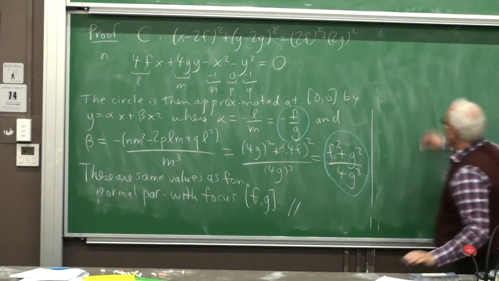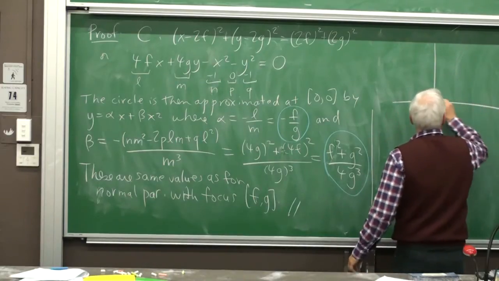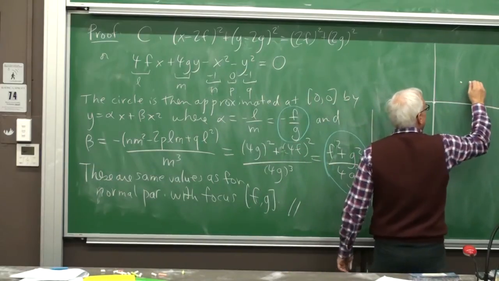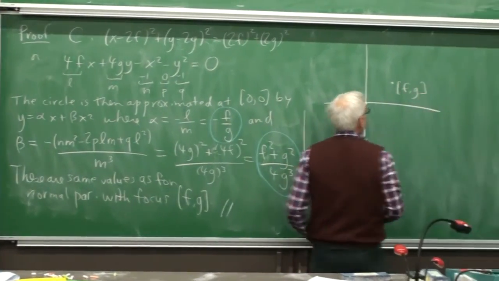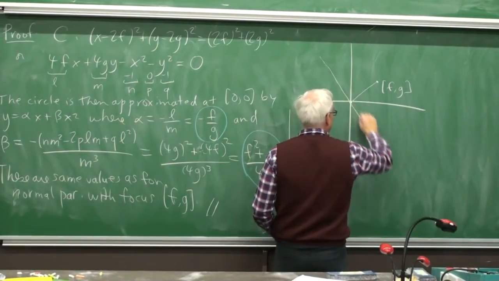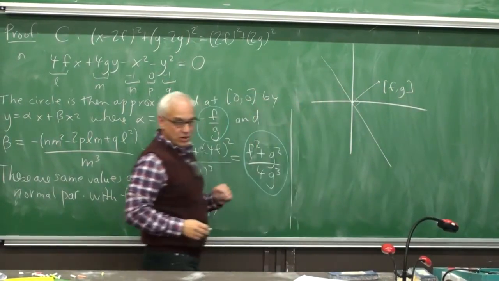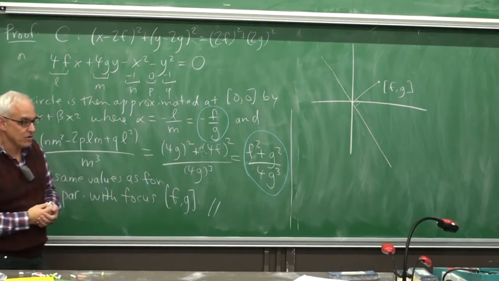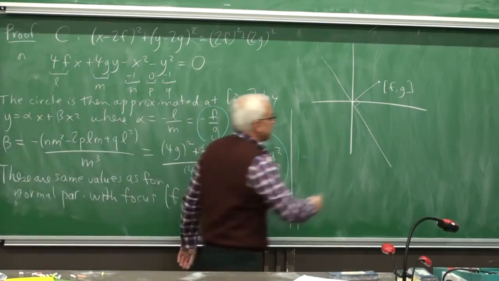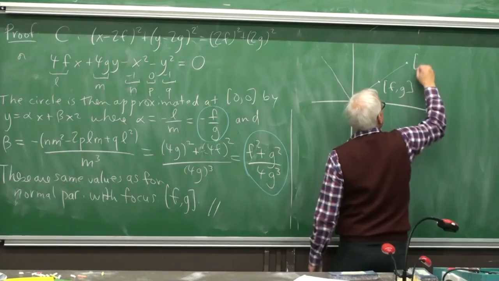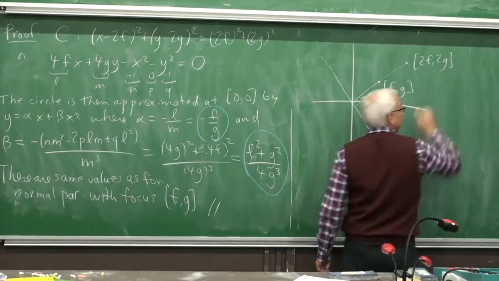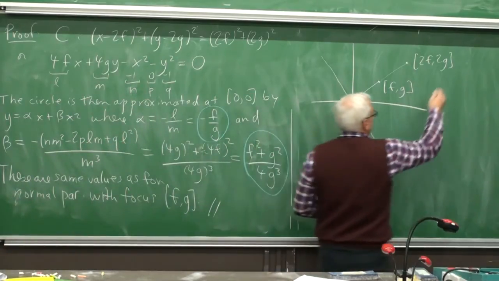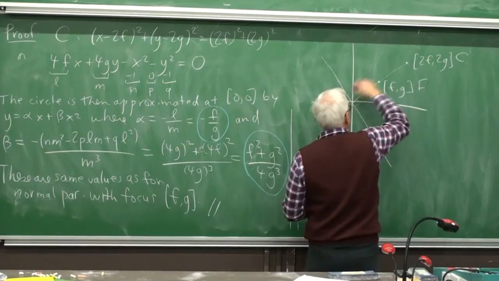So what's this telling us? It's telling us that if we have a parabola with a focus at FG, with a vertex at the origin, and we want to draw that parabola, maybe it's not so easy, but we can do a pretty good job by looking at the point 2F, 2G, and drawing the circle centered at that point, let's call it C, through the origin.